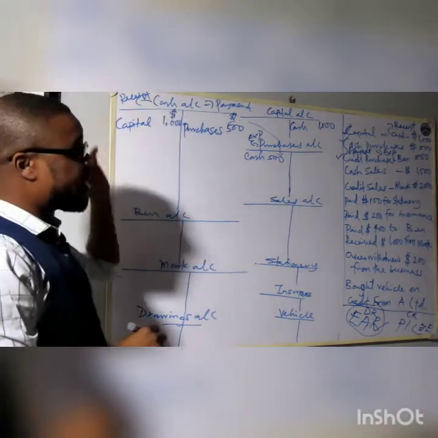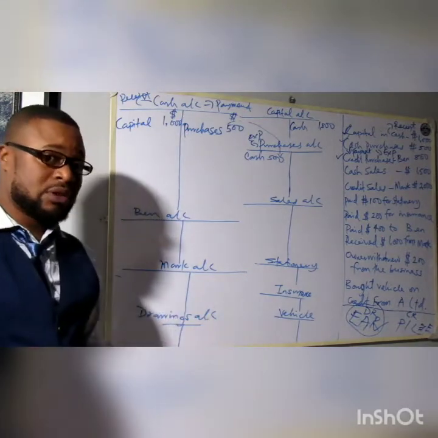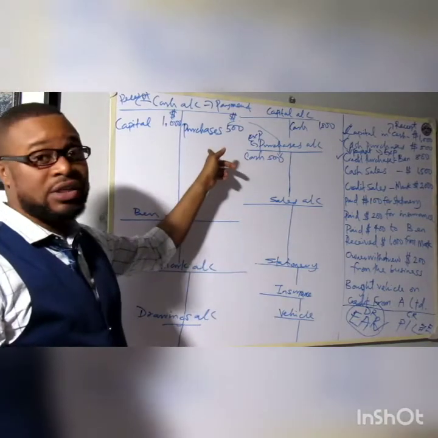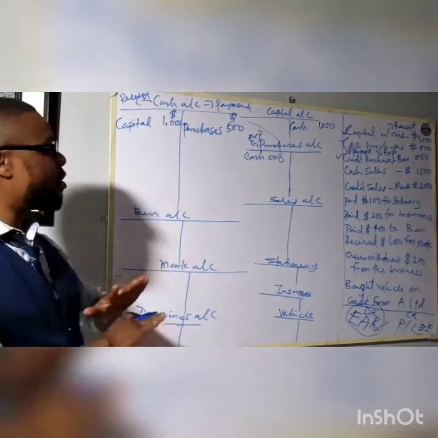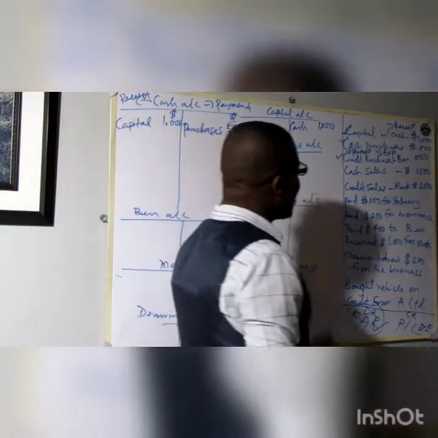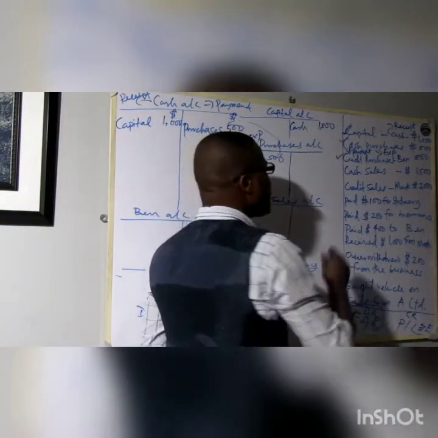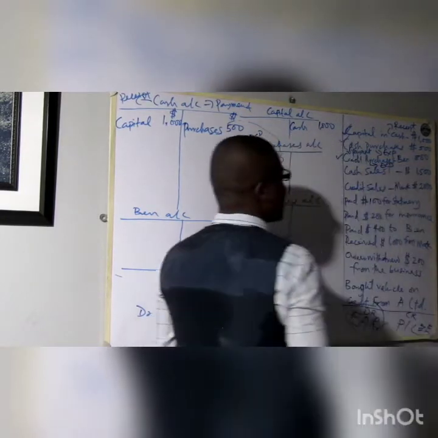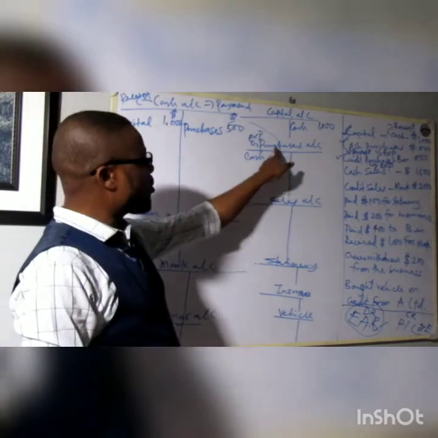The cash account is simply a cash flow account where if you get to make payment out, you record it in the cash account, or when you receive money, you put it. So no money was paid, no money was received, so forget about the cash account for now. So what happened rather? Two things happened. Number one, the business made purchases, which is an expense, and that's coming to the purchase account.